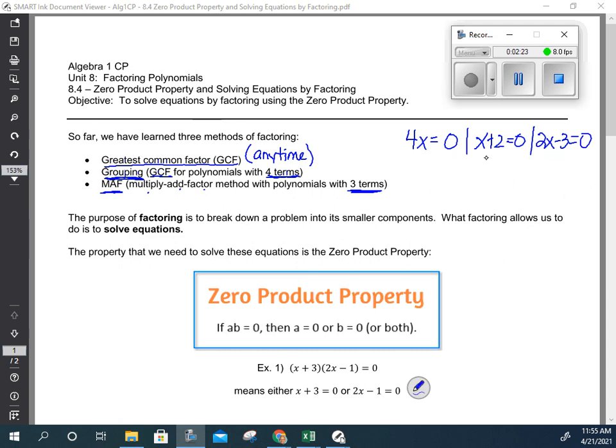However, when you have an equation like that, well, I don't know if I know how to do that. And if that's how you're feeling, that's okay.